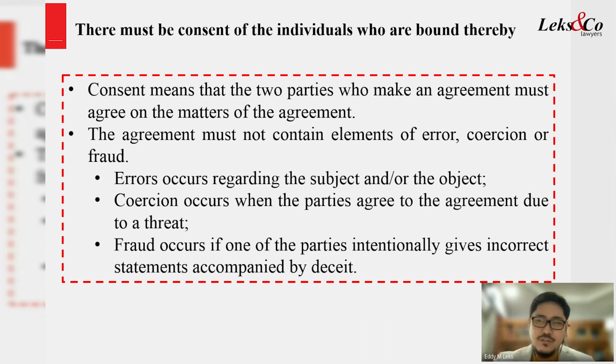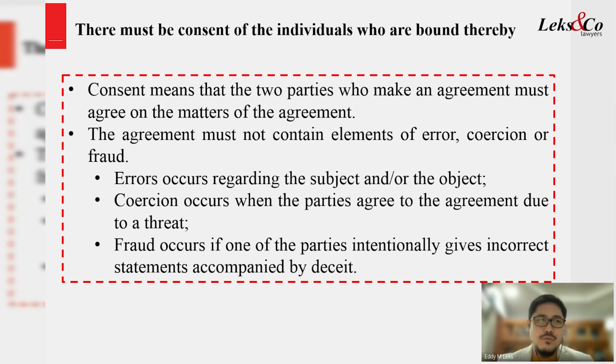Now fraud is considered, there is a fraud in civil transaction. I mean, not in civil transactions widely, but there is a fraud in the making of an agreement. Because when we are talking about the first element like this, the consent is the first element of validity of an agreement.